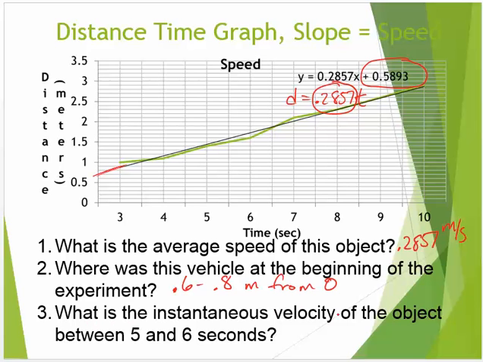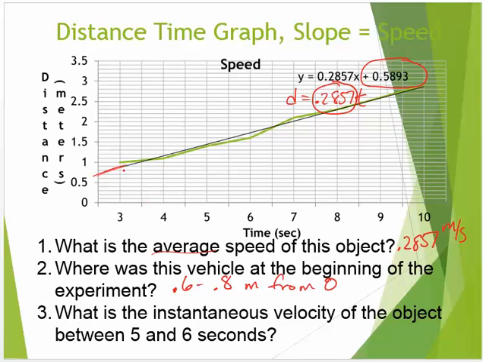What is the instantaneous velocity of the object between 5 and 6 seconds? Well, instantaneous velocity, that's going to be the slope. There's two things we've given up here now. The black line represents the average speed, because the slope of the trend line is going to give us an average speed. That's what we said here. But the green line gives us instantaneous velocities of this person between these time intervals.